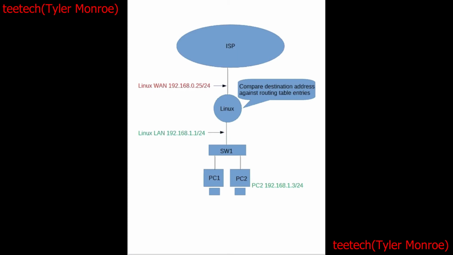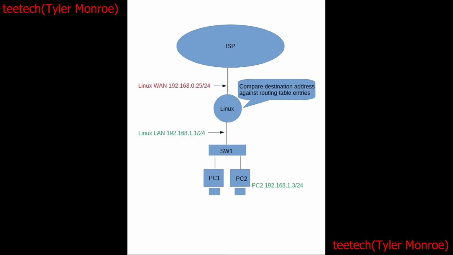So if your computer talks to google.com, once it has the IP of google.com through DNS, it gets its address, it puts that in an IP header as a destination address. And what Linux does is its network stack looks at that destination address, and it has its routing table like a book, and it compares that destination address value with entries in its routing table.